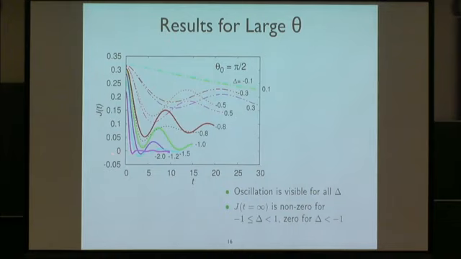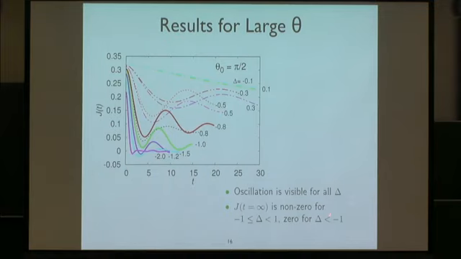What is interesting is that for large negative values of delta, like minus 1.5, minus 1.2, minus 2.0, the current decays with oscillation, but it apparently converges to 0. So the asymptotic, or stationary, value of the current is 0 if delta is smaller than minus 1.